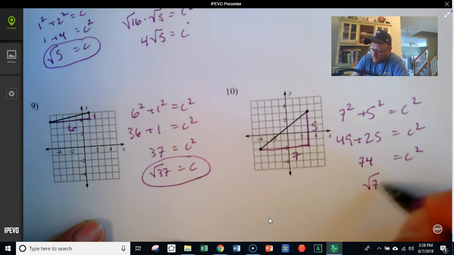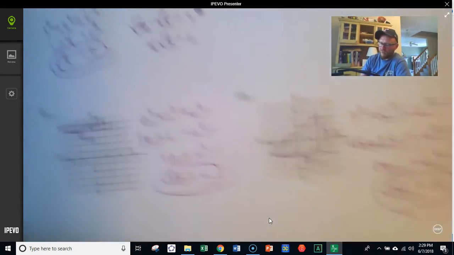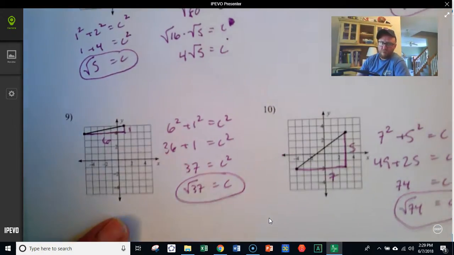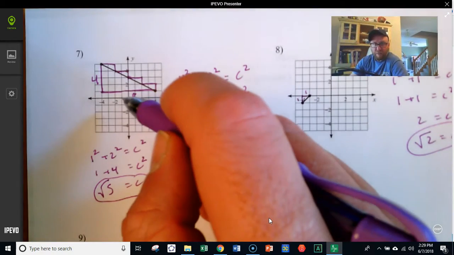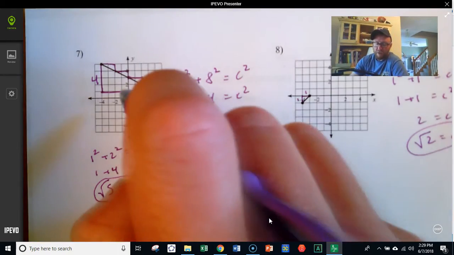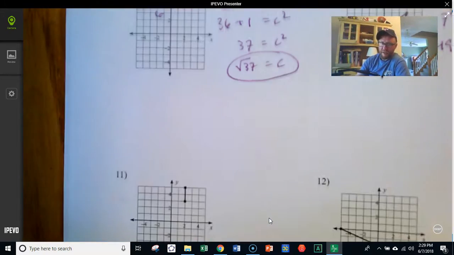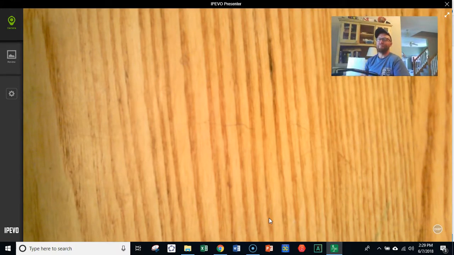So the square root of 74 is c. And I don't think there's any simplifying to do there. Anytime you recognize that you could break down your larger triangle into smaller triangles, like we could here in number 7, that's definitely a case where you're going to be able to simplify the radical. If you can't, then don't worry about it.